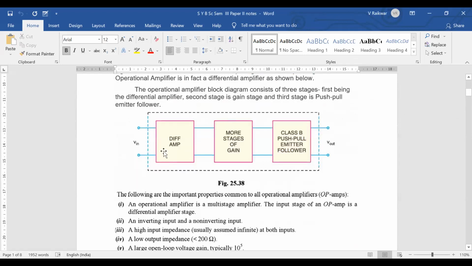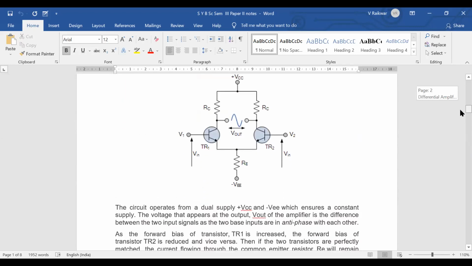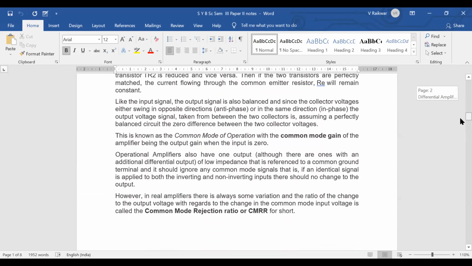The differential amplifier is the first stage. So here we will get only one output. That output will be this one, the op-amp's output, pin number 6. So we can't say that this is our output, right? The differential amplifier's output goes through two more stages, and then we get the output.